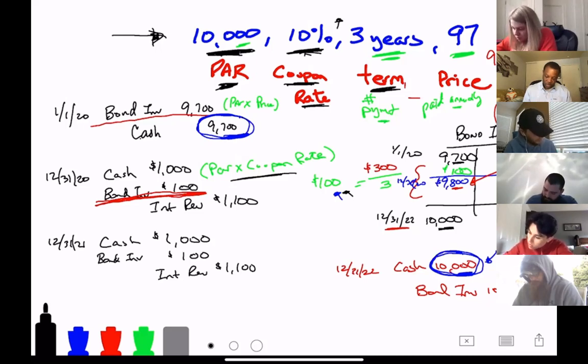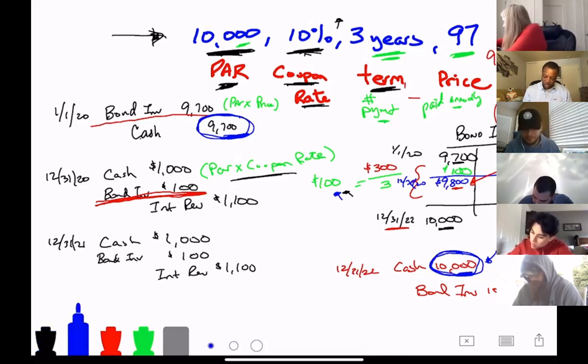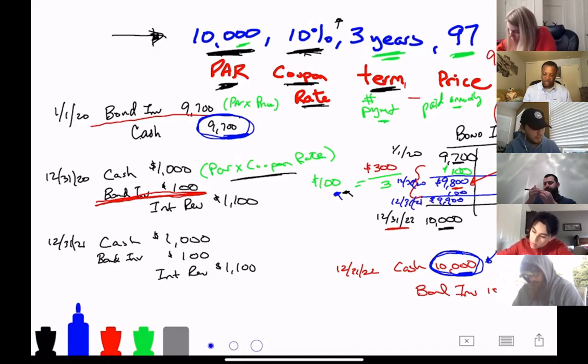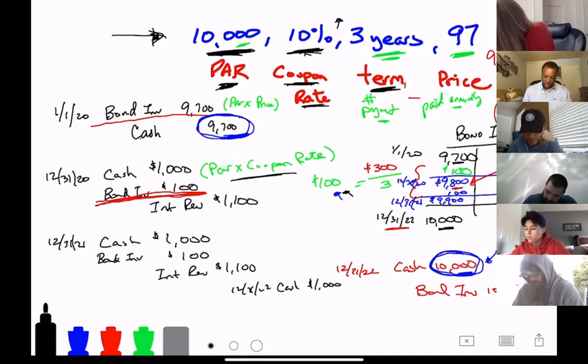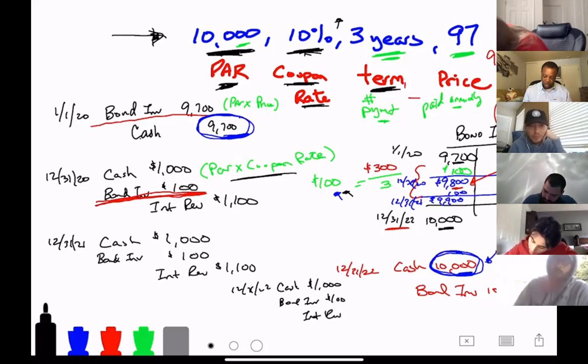And then 12/31. So now our amortized cost at 12/31/21 is $9,900. And then when we get our last interest payment, 12/31/22, debit cash for 1,000, debit the bond investment for 100, credit interest revenue, 1,100.